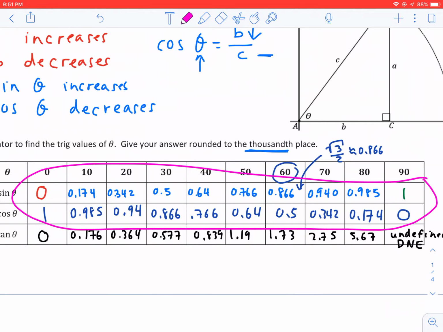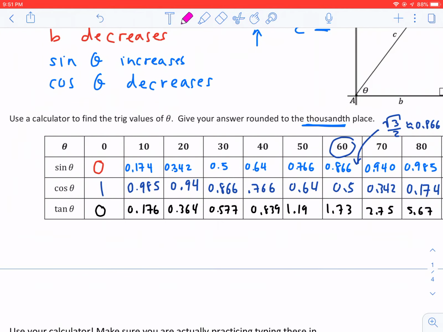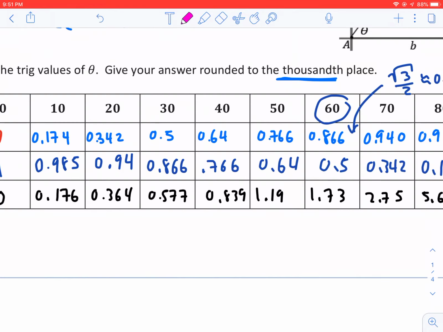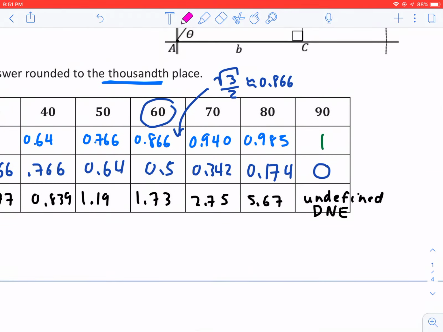And like in one of the homeworks, we said it can't be more than 1 because the hypotenuse is always going to be bigger than the opposite or the adjacent sides. But tangent, that's opposite over adjacent, and there's no rules about what values those could be. It doesn't always have to be that the opposite is bigger than adjacent or adjacent's bigger than the opposite. It depends on the angle. So this just keeps increasing.